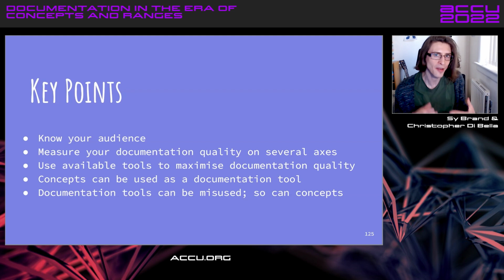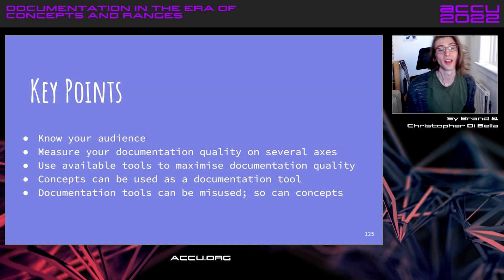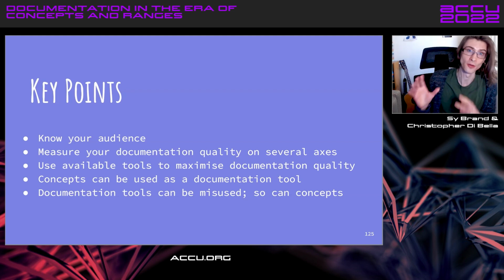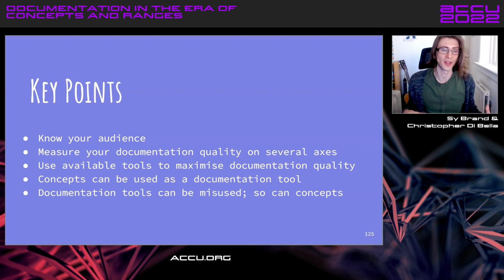The concept can be used as a documentation tool, and we saw some good examples of how you could do that specifically for ranges. I think you could apply that elsewhere, but also documentation tools can be misused, and so can concepts. If you think about all of those key points, you think about what makes quality documentation, you think about your users, and you apply all of these things to your documentation, then you can make your documentation as wonderful and useful as it can be.